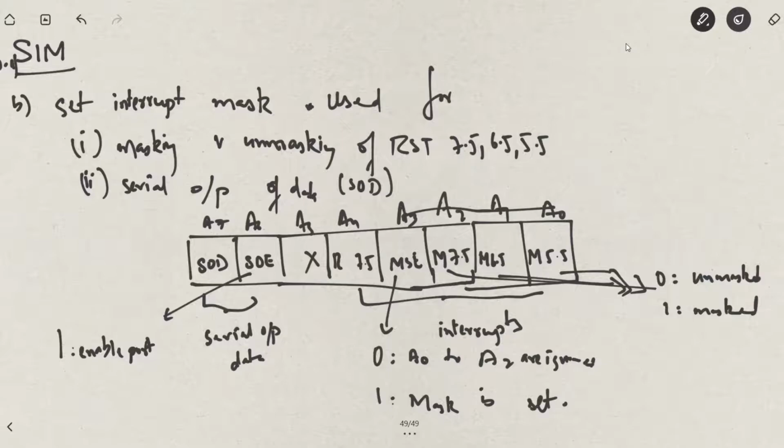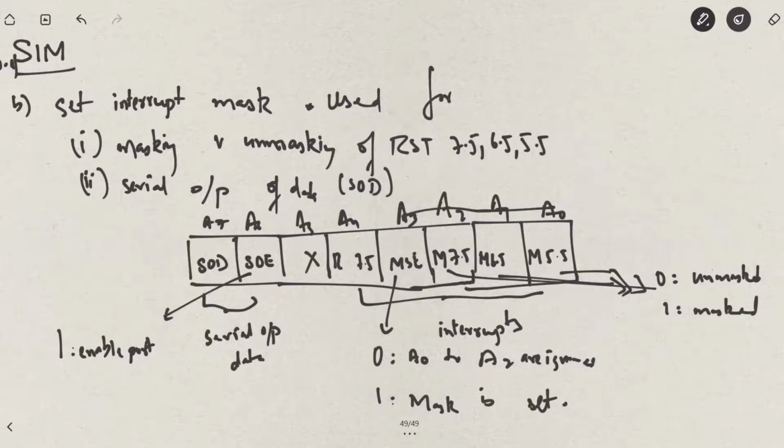So if A4 is 1, RST 7.5 is reset regardless of A3 and A2 status. If R7.5 is equal to 0, RST 7.5 can be used depending upon A3 and A2 values. Fine. If A4 is equal to 1, RST 7.5 will be reset regardless of the value of A2 and A3.